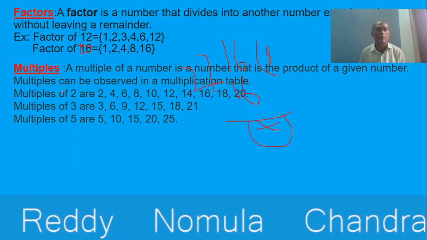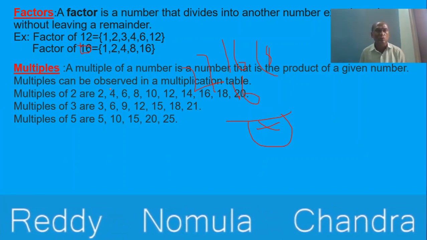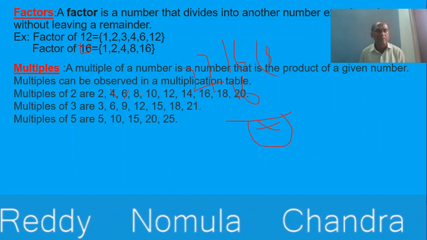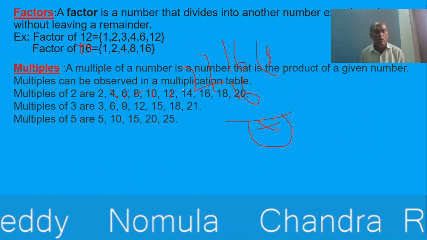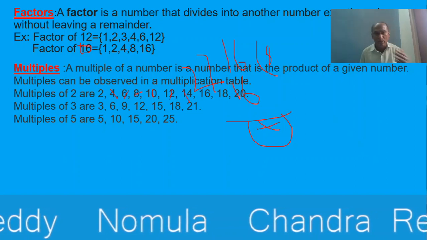For example, the 2 table: 2 1s are 2, 2 2s are 4, 2 3s are 6, 2 4s are 8, 2 5s are 10, 2 6s are 12, 2 7s are 14, 2 10s are 20.